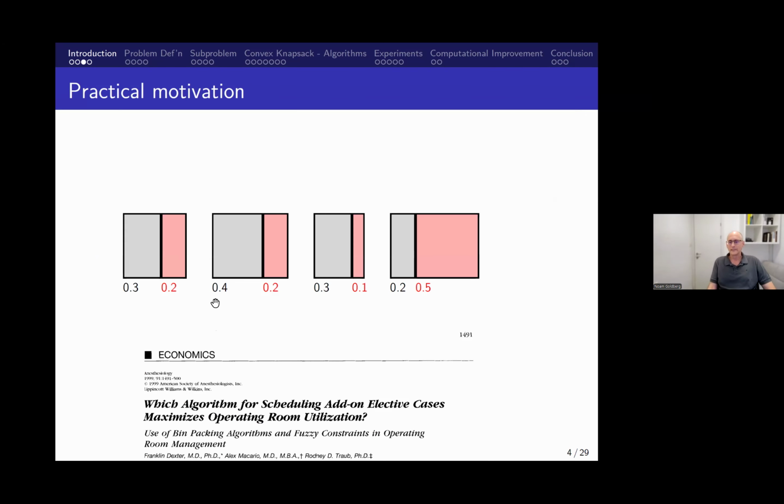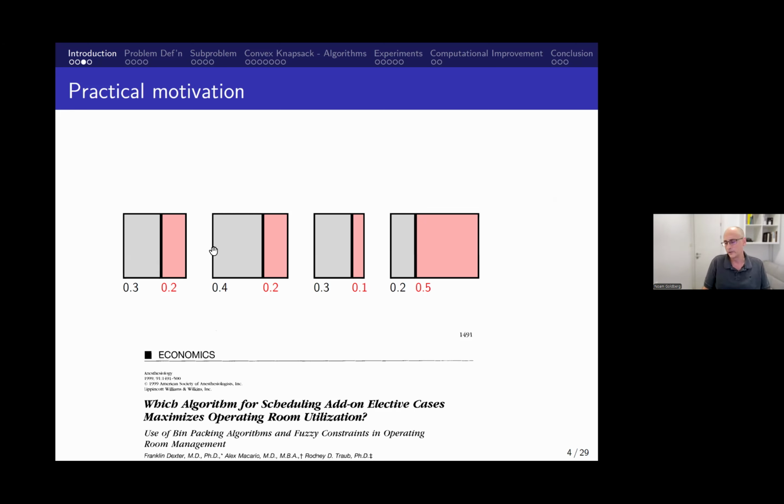Okay, so some practical motivation for this problem, and for me, it's also personal motivation. When you schedule elective surgeries, you schedule them into OR shifts.